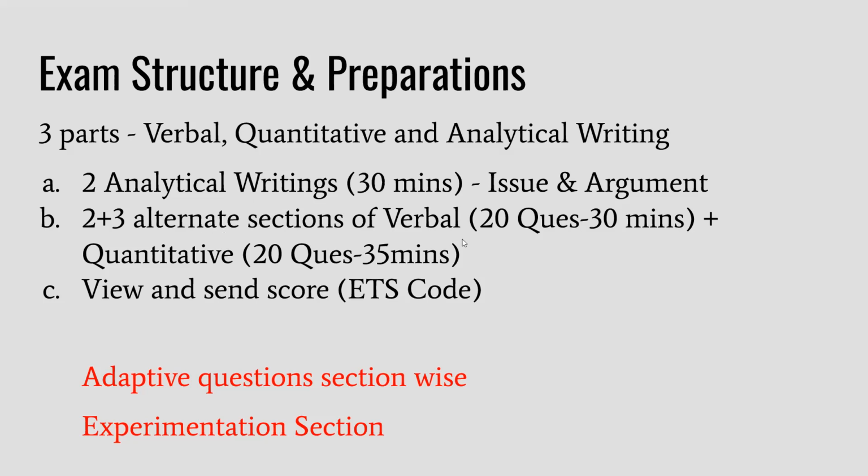These sections, verbal and quantitative, are MCQ only, multiple choice or single choice, and they are checked in the system itself automatically. There is no person checking those. And out of the 5, the 2 and 3 of verbal and quantitative, one is an experimentation section whose score is not counted.